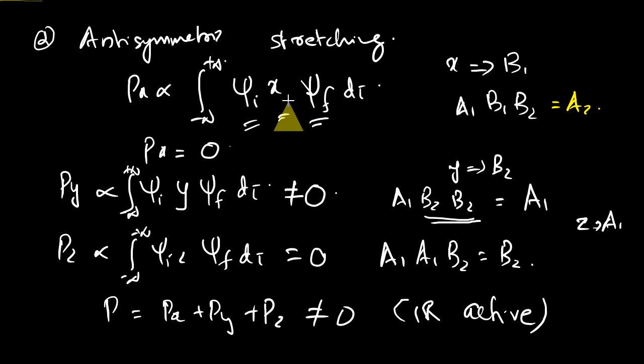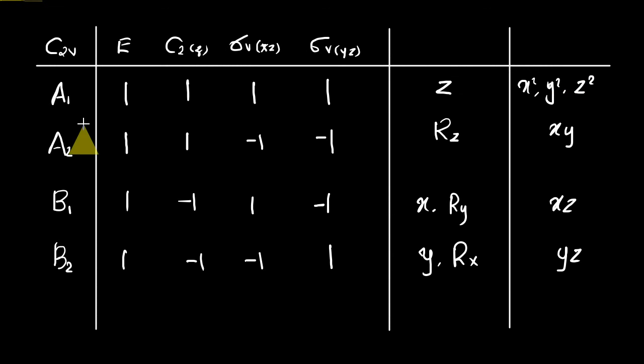So when you are calculating for x, you have to see whether the final state has the same symmetry as x in the character table. You can see that the final state for the first two modes of vibration is A1, and you look whether any of the Cartesian coordinates belong to this.